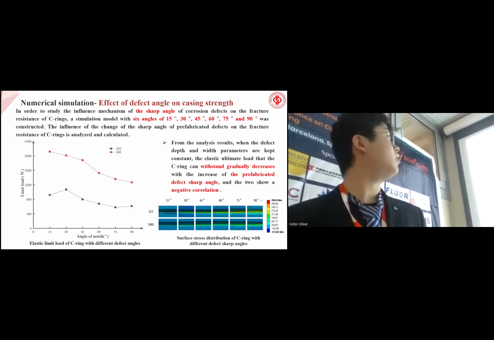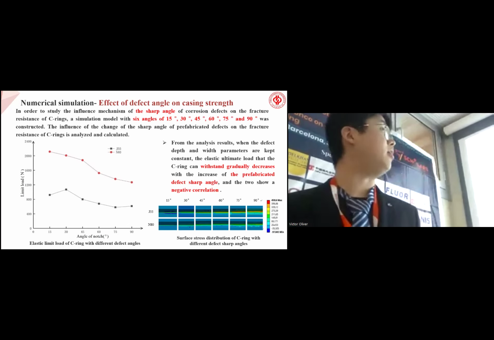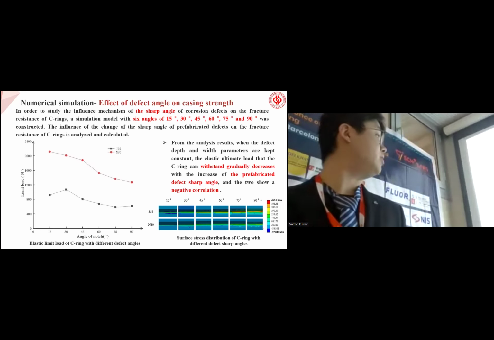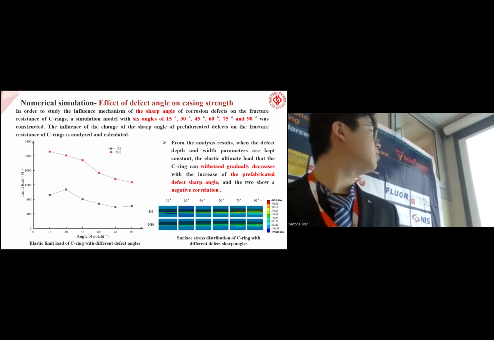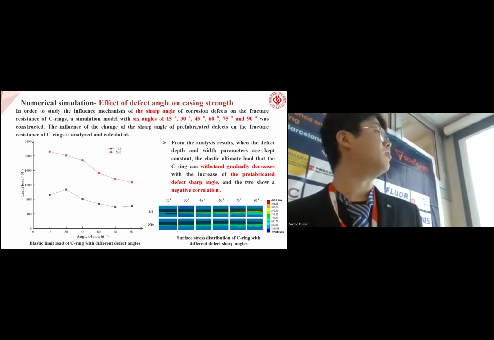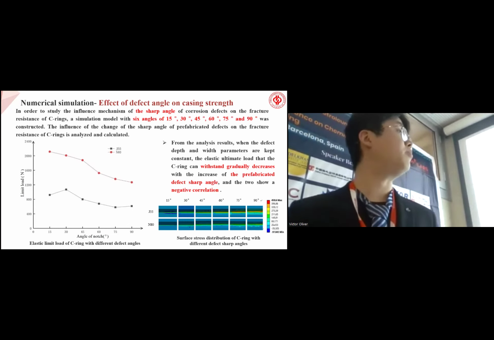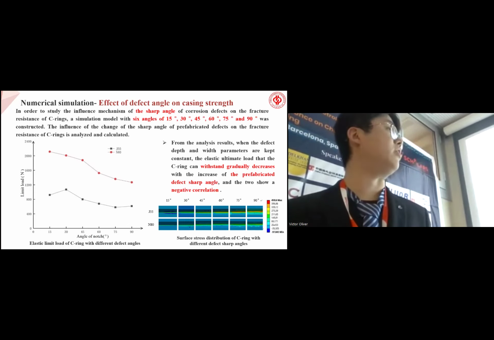The influence of the change of the shape angle of defects on the limit load of casing is analyzed and concluded. From the results, we can see that the limit load decreases with the increase of the defect shape angle, and the two show a negative correlation.